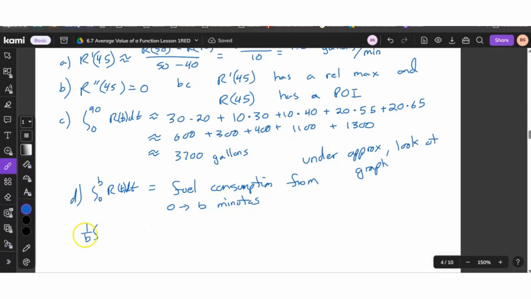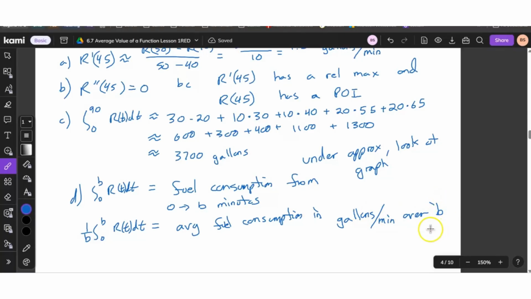And 1 over b times the integral from 0 to b of R(t) dt is going to be the average fuel consumption in gallons per minute over b minutes. I guess we should probably put up here fuel consumption gallons per minute.